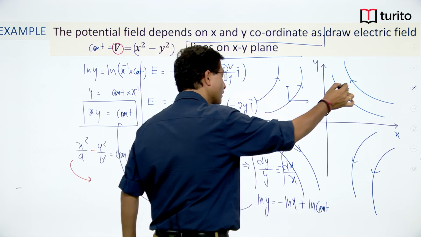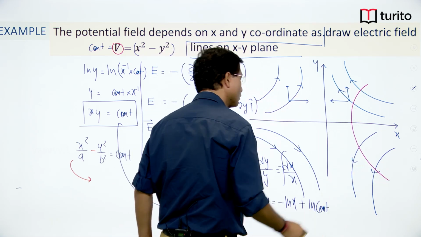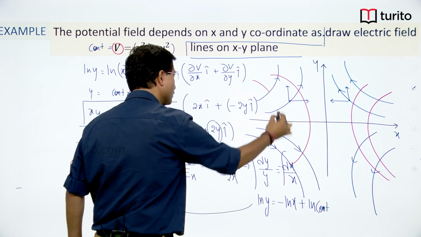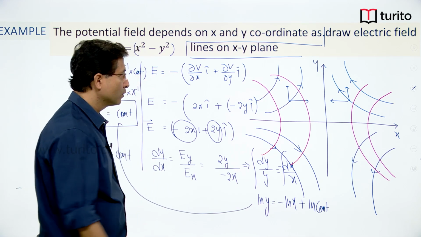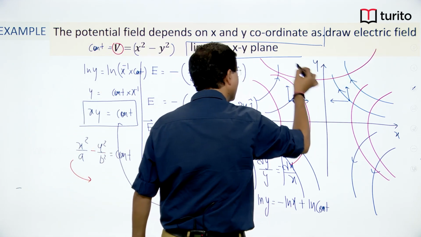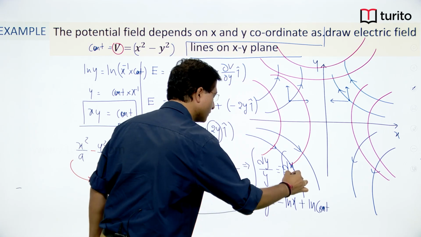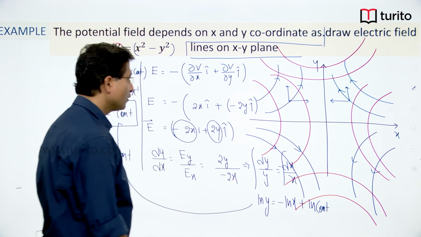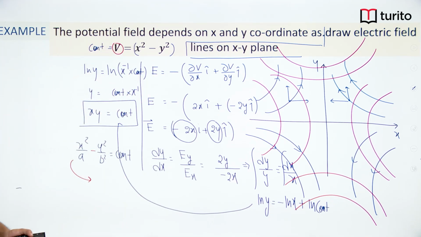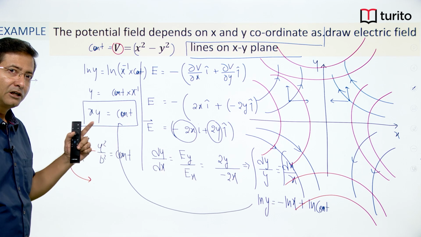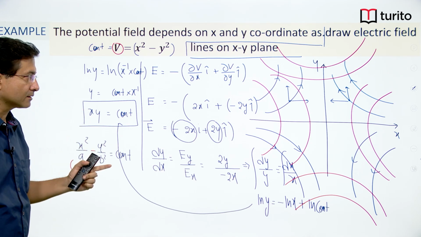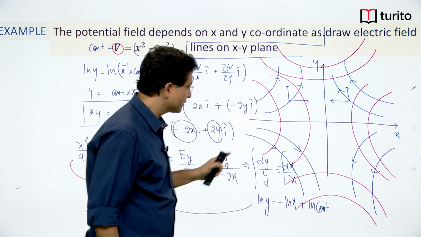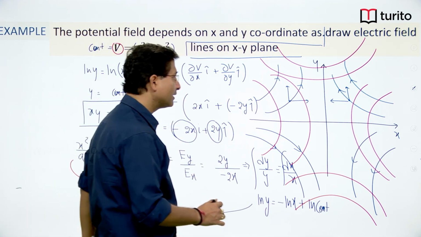See, the red ones are equipotential lines and the blue ones are electric field lines. So I will erase some parts so that you can clearly see.